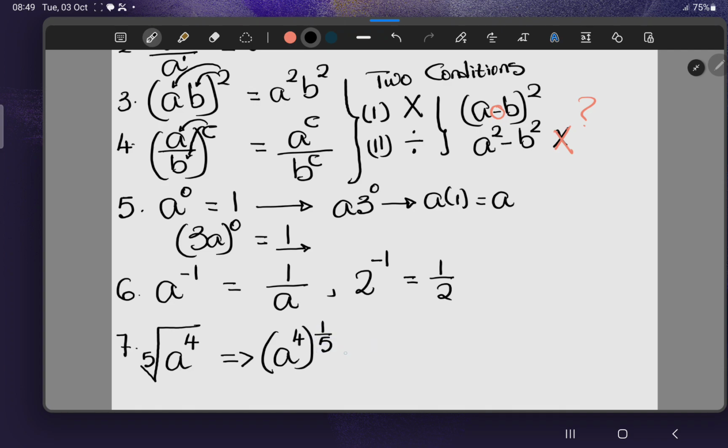So which means that we're going to multiply that exponent 1 over 5 inside. So that is going to be a to the power of 4 multiplied by 1 over 5. Therefore, the answer is a to the power of 4 over 5. So this law is very, very important.